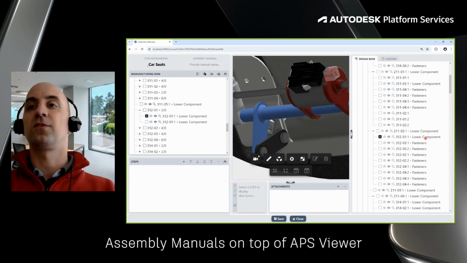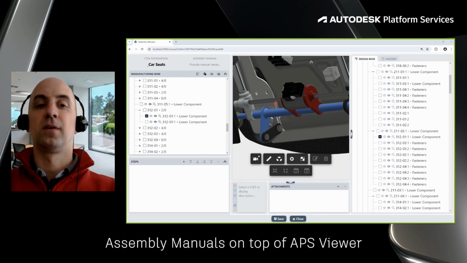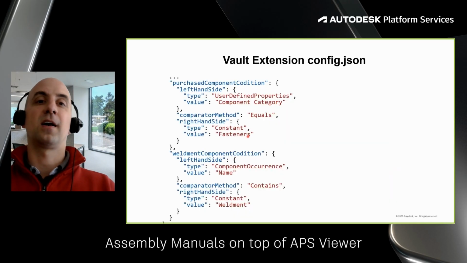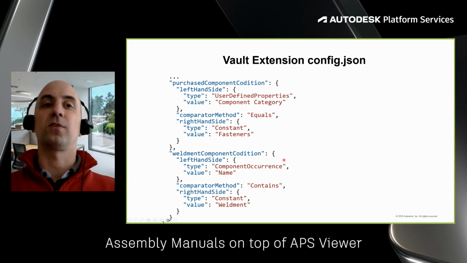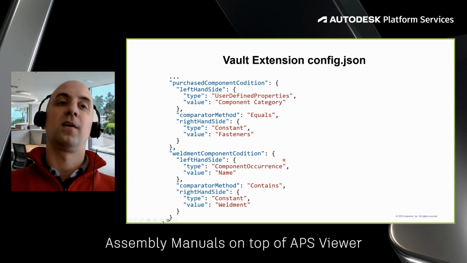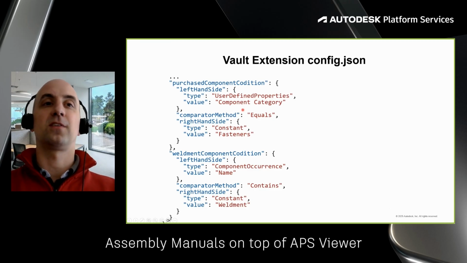But for our needs of assembly manuals, it is just a single entry in the BOM. And so this configuration makes that happen, to stop the processing at the node of the BOM.